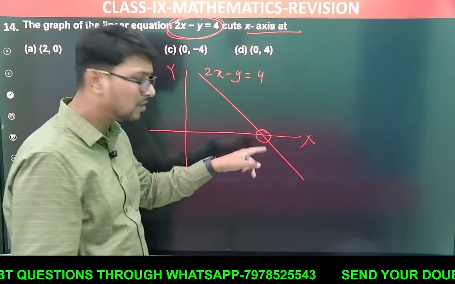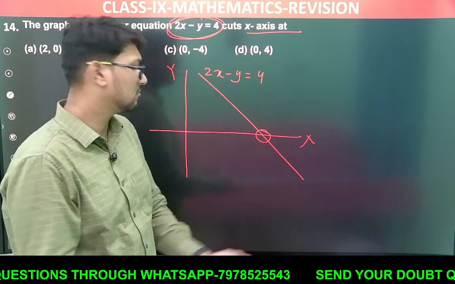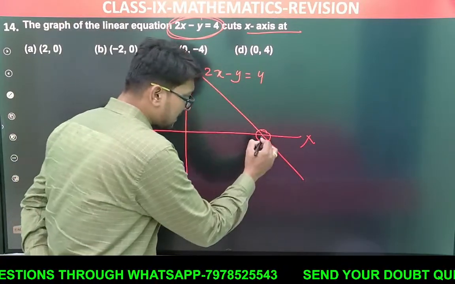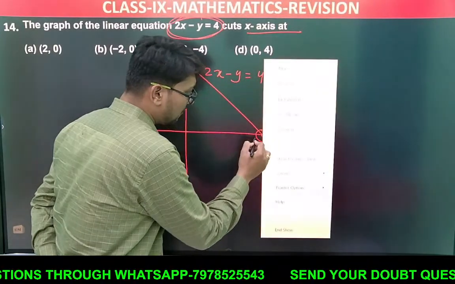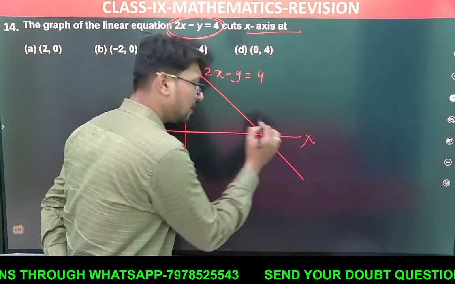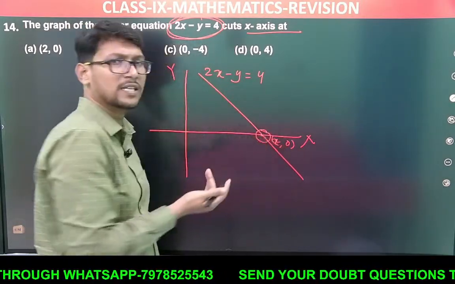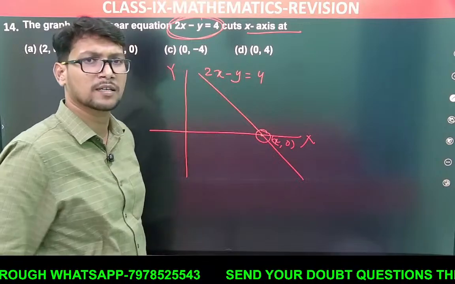On the x-axis, the y value is 0. So x must have some value, but y is definitely 0. We cannot say what x is without solving.